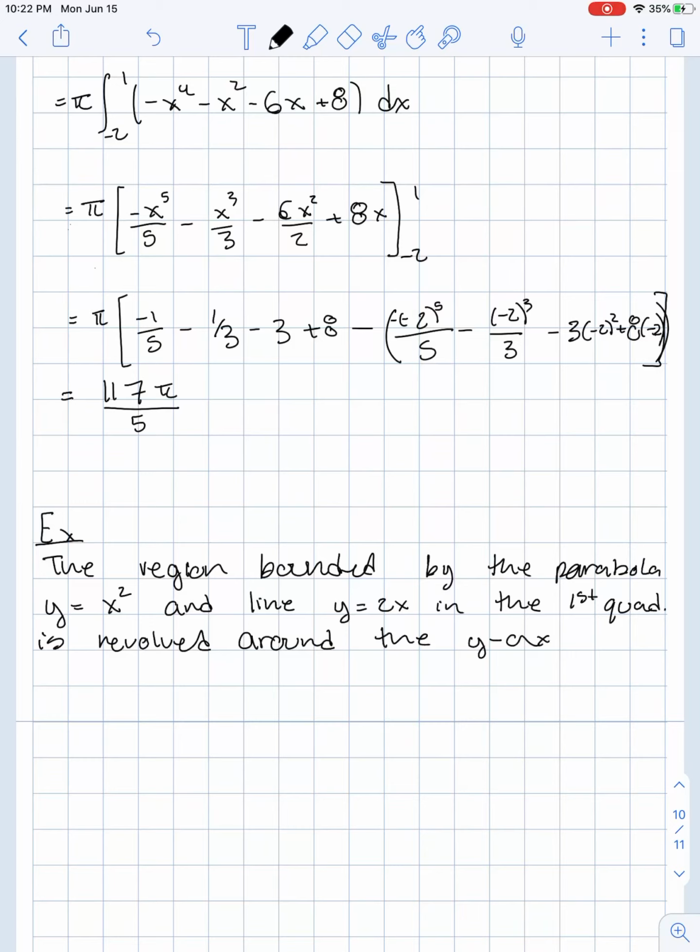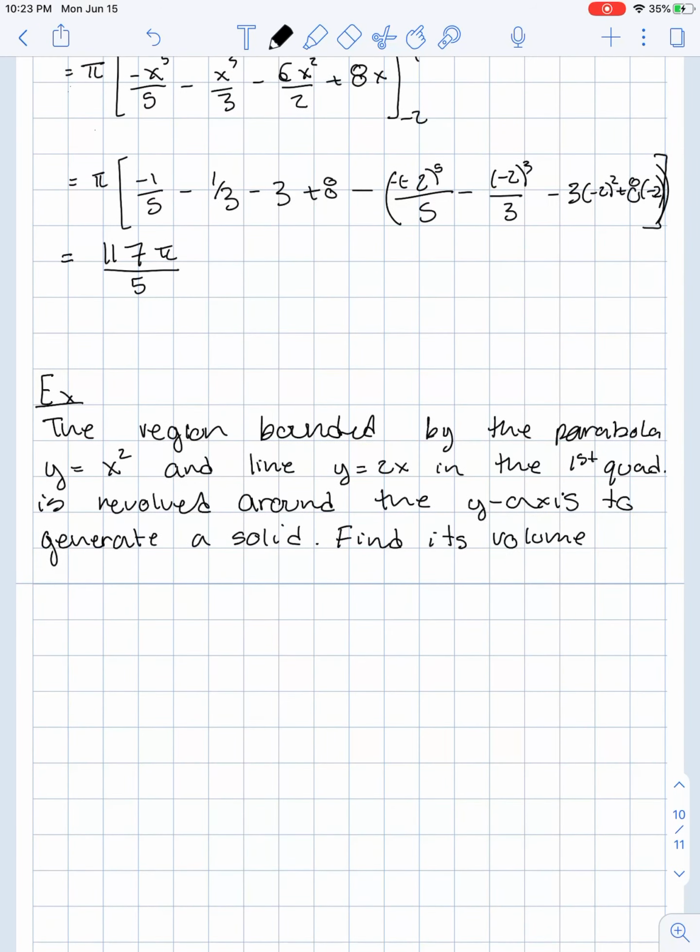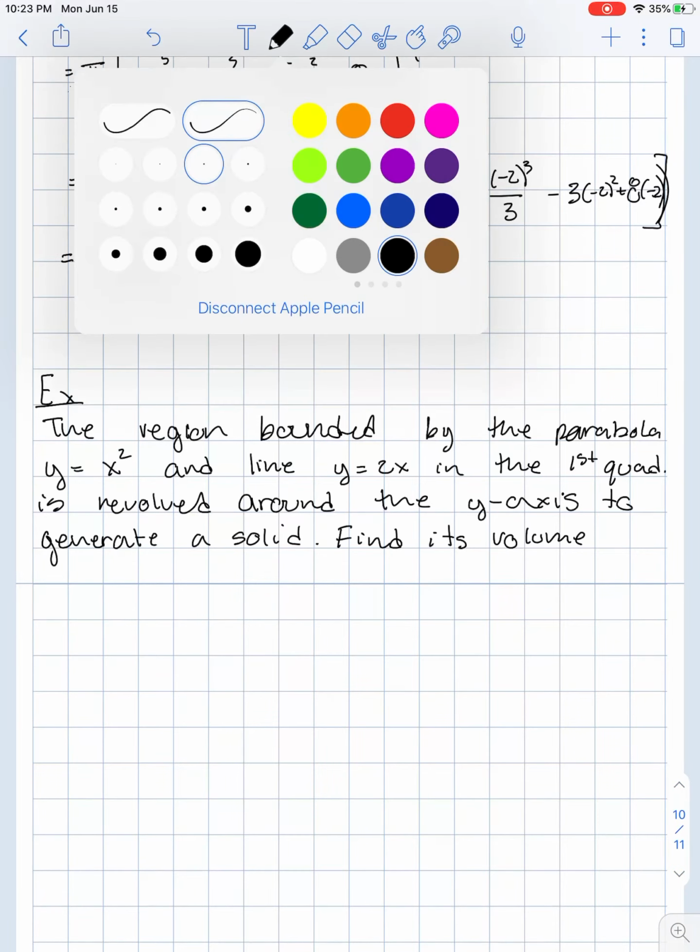So it's revolved around the y-axis to generate a solid. It's going to look kind of like a cup. And we're going to find its volume. Not in the cup. I keep writing volume. Volume. Okay.